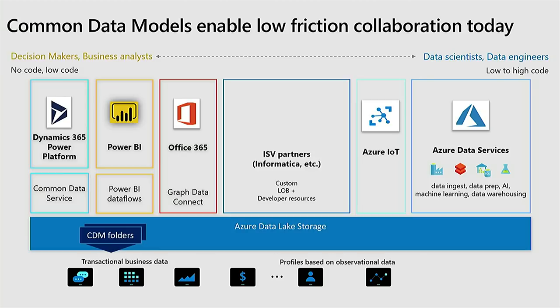So we have a spectrum here where on the one end of the spectrum, if you're using any of the Dynamics applications, such as Sales Insight or anything in Dynamics or the Power Platform to write a Power App, that transactional data that you generate can also be reasoned about in Power BI with low code, no code, all the way to your data scientists being able to use the same data, same shape and structure and meaning of that data, so all of you in your organization are working against the same underlying mechanism.